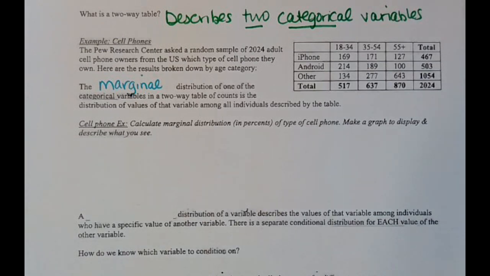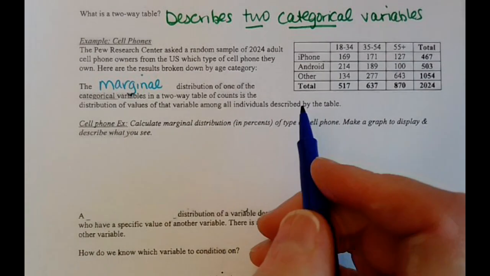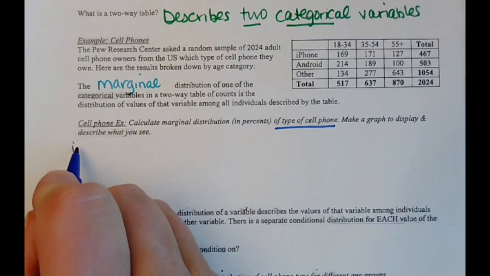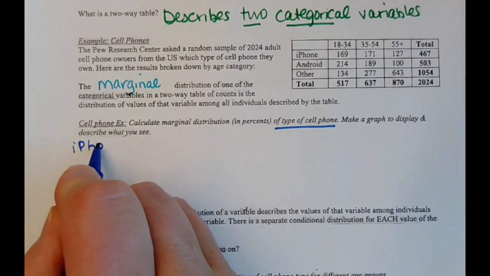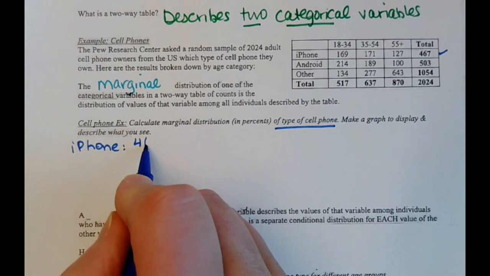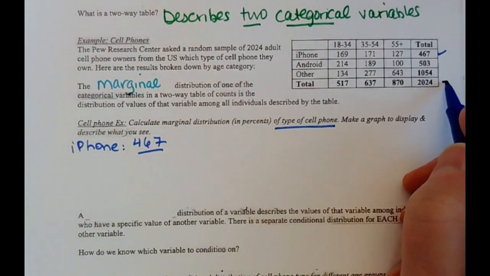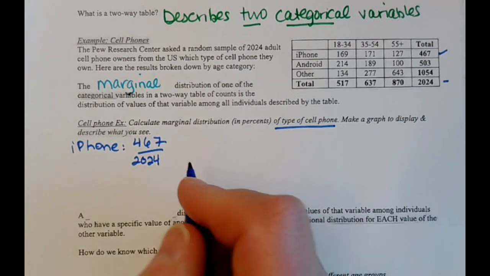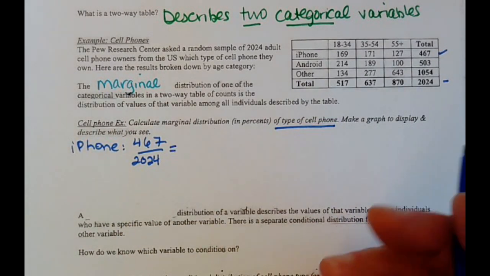The first one might be the marginal distribution of each type of cell phone. So for iPhone, there are 467 out of 2024 total. If we divide that out, we're going to get 0.231.